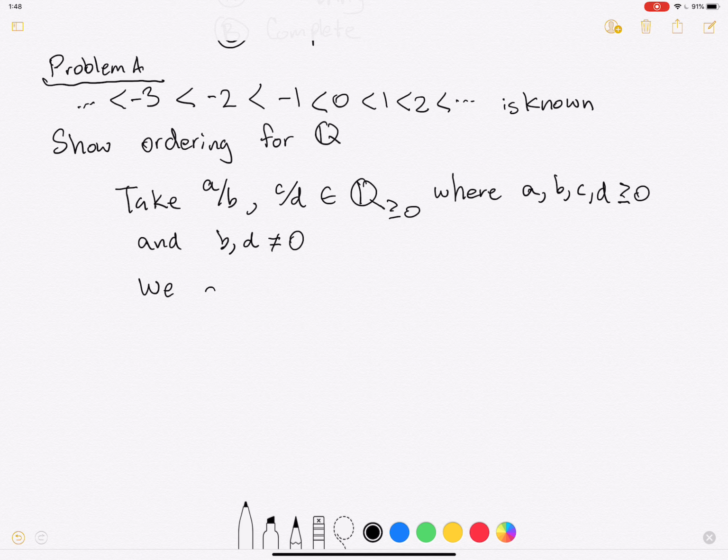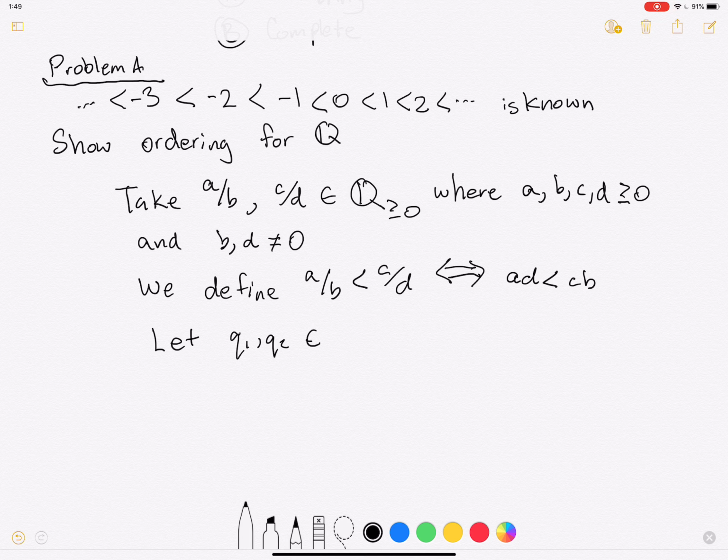We define the ordering for the rational numbers as a over b is less than c over d if and only if AD is less than CB, since we multiplied both sides by BD. Now let's look at the negative rationals. Let Q1, Q2 be negative rationals.